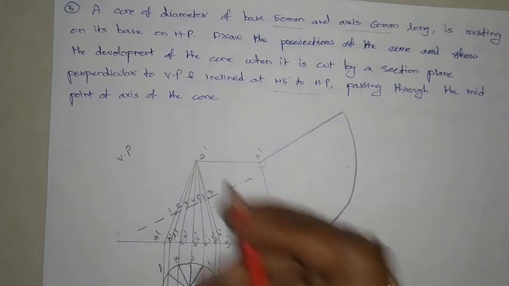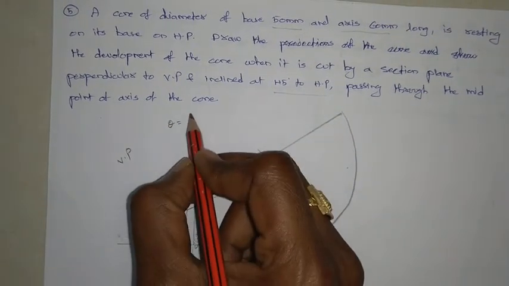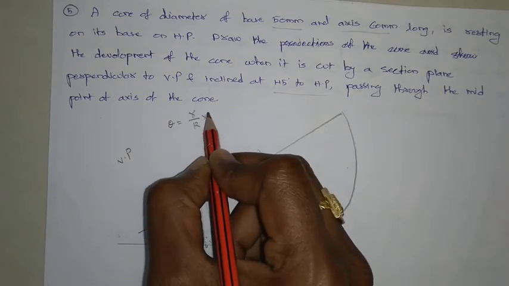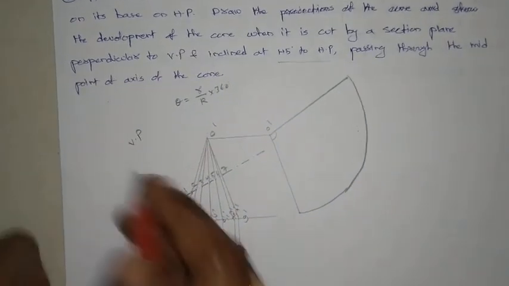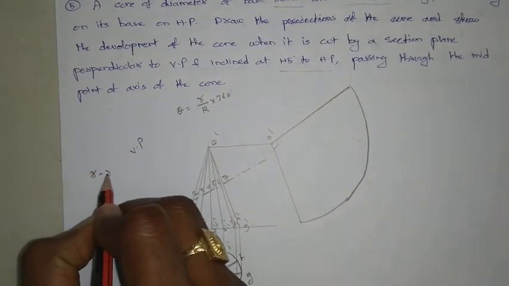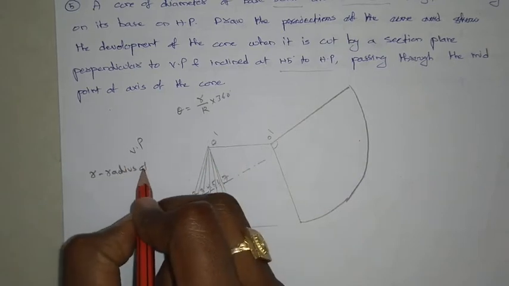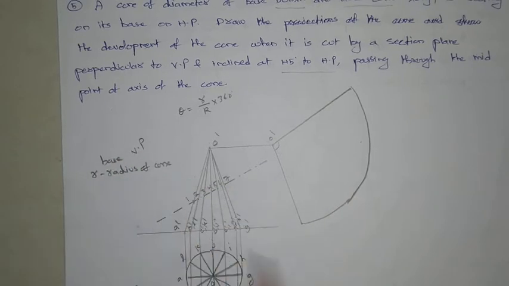This arc angle is nothing but theta is equal to small r by capital R into 360. So what is small r? Small r is nothing but radius of cone. So that is nothing but base radius.